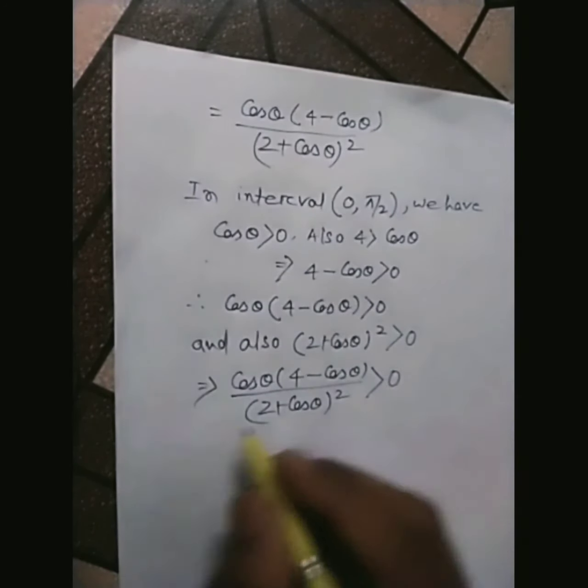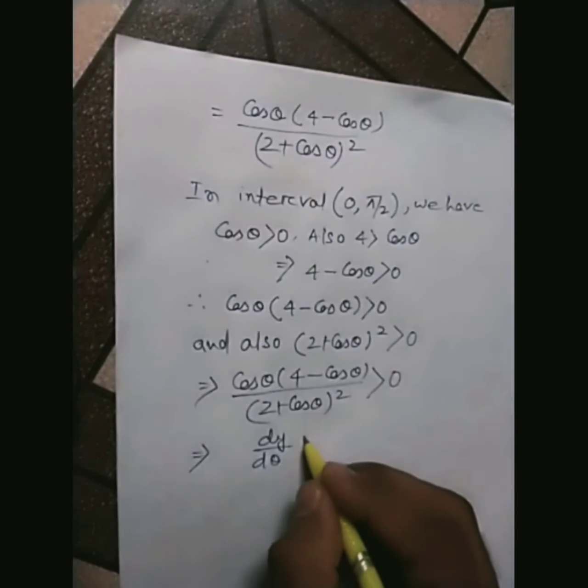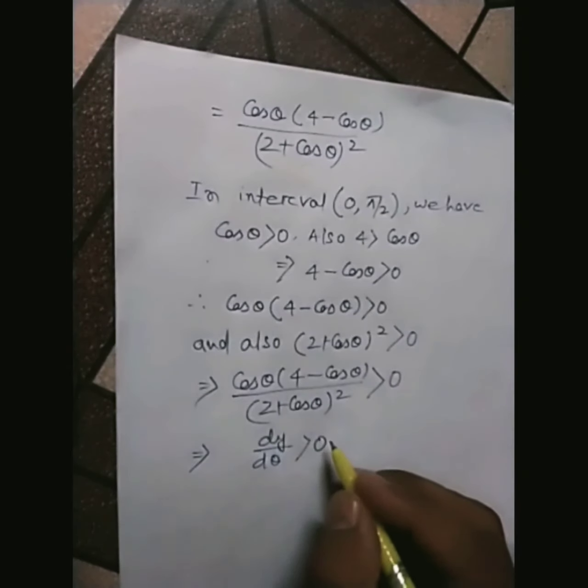So you are getting dy by d theta which is greater than 0.